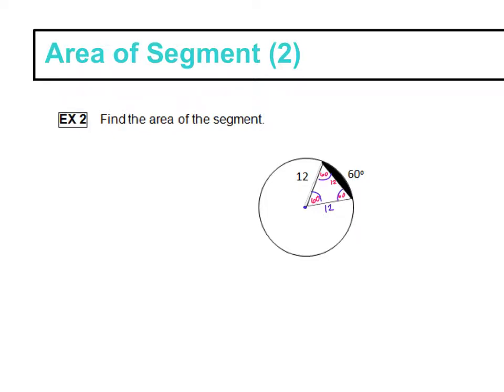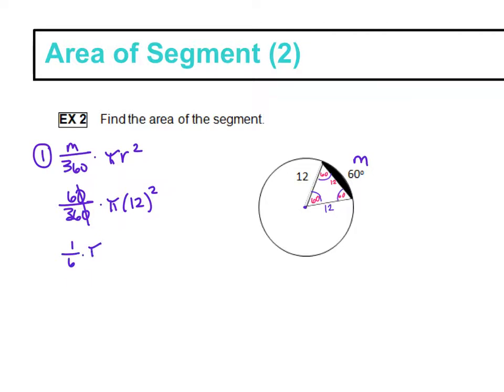So first thing you find is the area of the sector. Remember that's m over 360 times pi r squared. So the measure of our arc is that 60 degrees, that's our m. So we're going to do 60 over 360 times pi times our radius squared. 60 over 360 reduces into 1/6 times pi times 144.